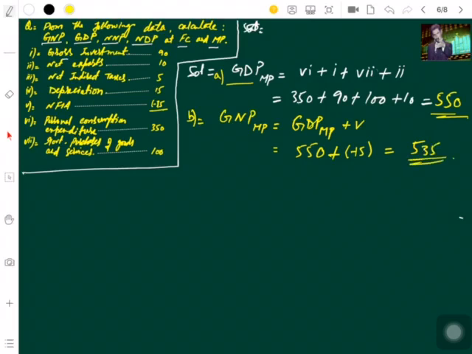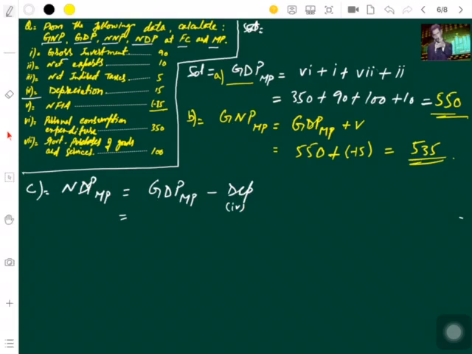Okay, third, I'll use a different color. C, I'll calculate now NDP at MP, which will be equal to your GDP at MP. We already calculated it, that is why I calculated GDP at MP, because it is used the most. We have gross and net, so we have to talk of depreciation. Is depreciation given? Depreciation is given here, yes, it is your fourth.